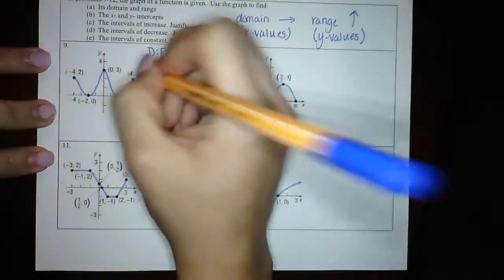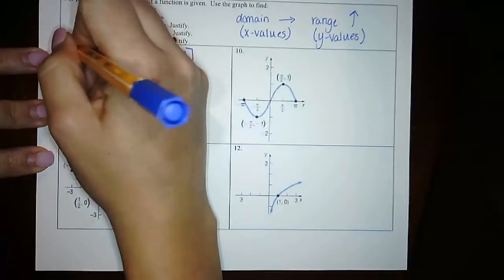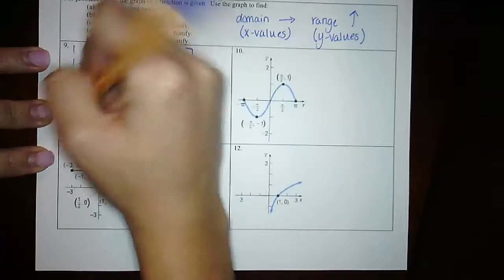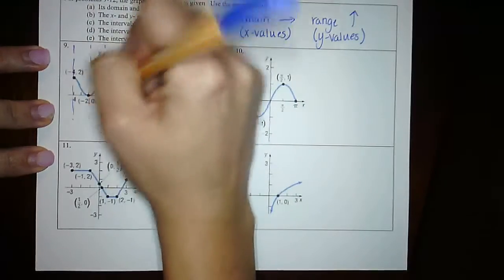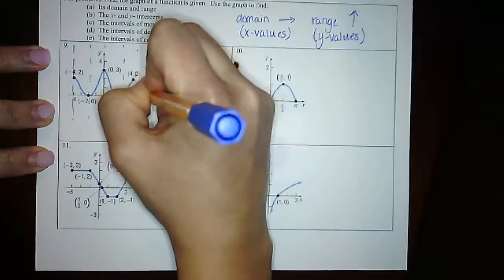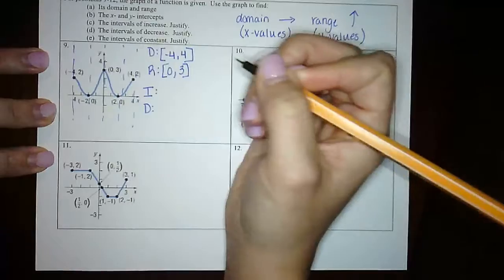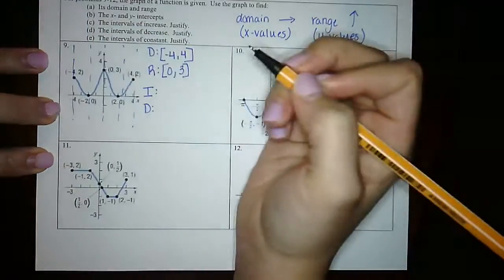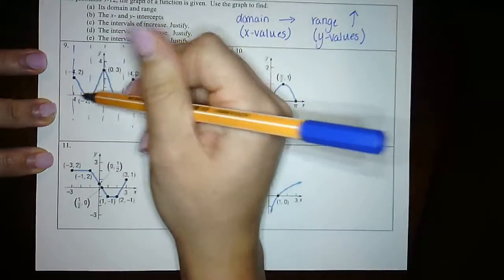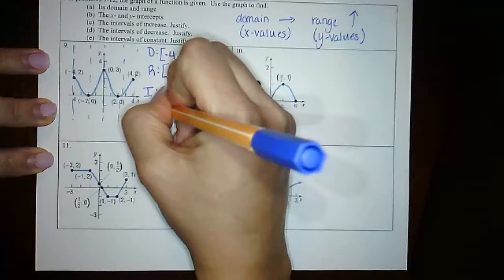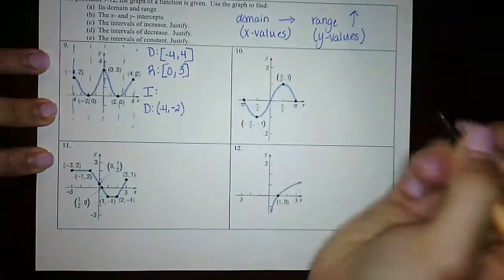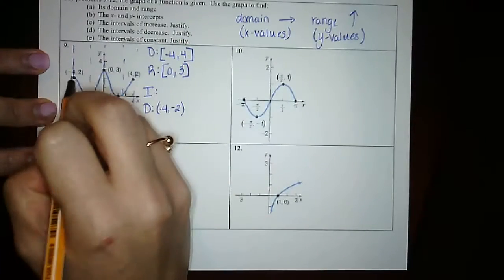Intervals of increasing and decreasing. Again, if it helps, draw your dotted lines. We see it starts with decreasing, so it decreases from -4 to -2. We get parentheses because right here it's constant.